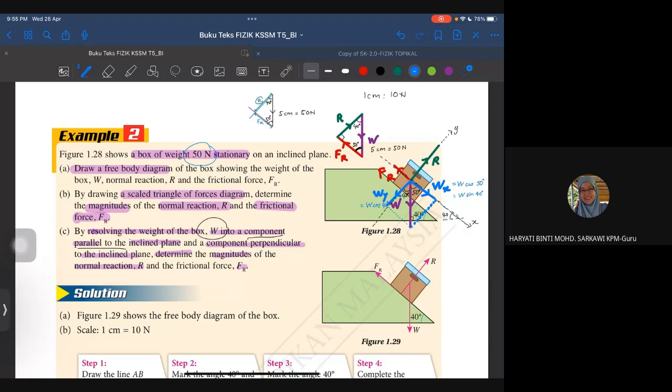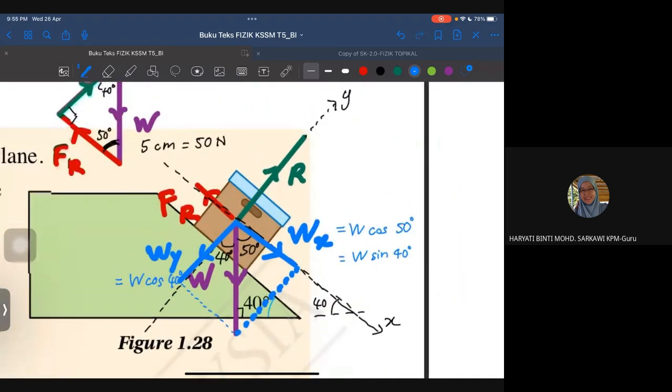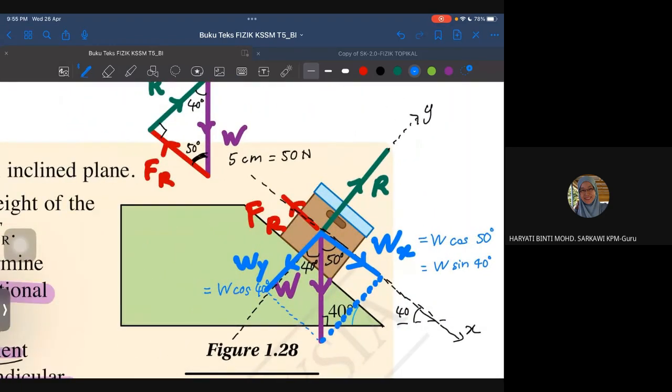Okay, from this diagram, what will be the value of FR? FR will be equal to WX. Why like that? Because, can see, this is FR, this is WX.